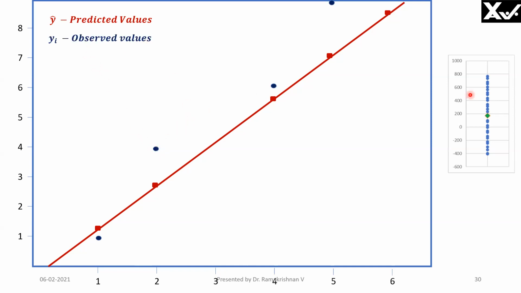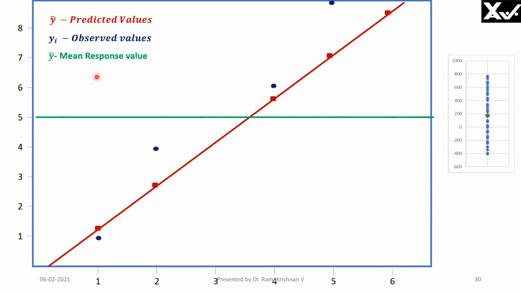These are nothing but the values shown here vertically. Then we found the average of these observed values. Please note, the average of the observed values, these values. It is plotted as a dark green line because the dark green marker is here. The same point we have marked in the graph. This is called Y bar, or Y mean response value.